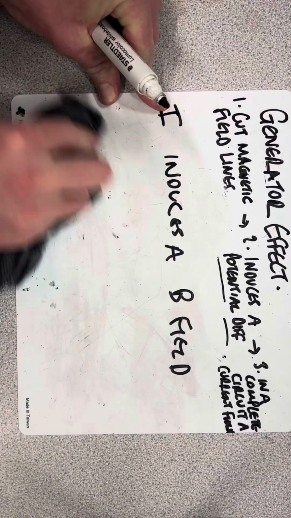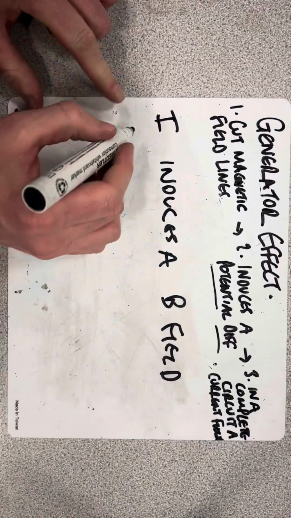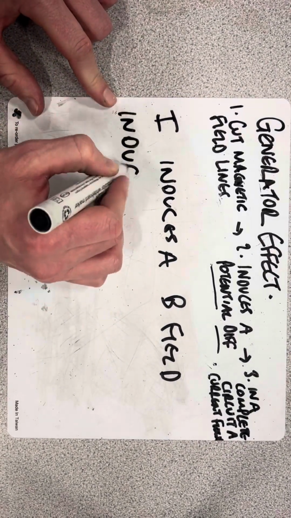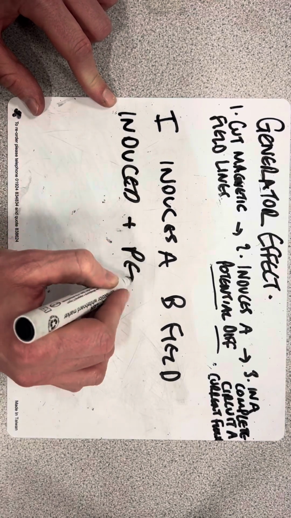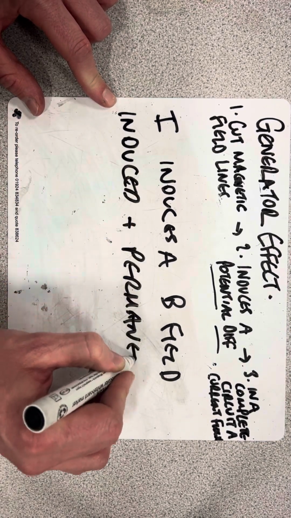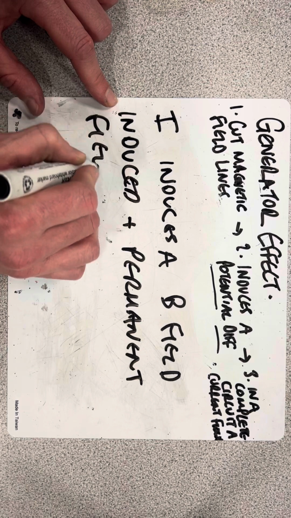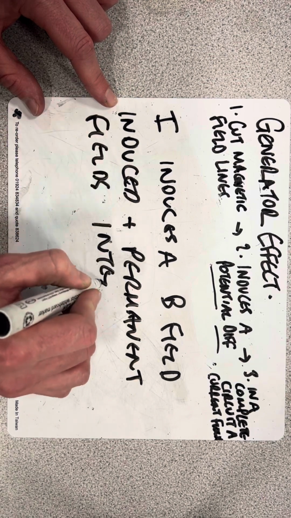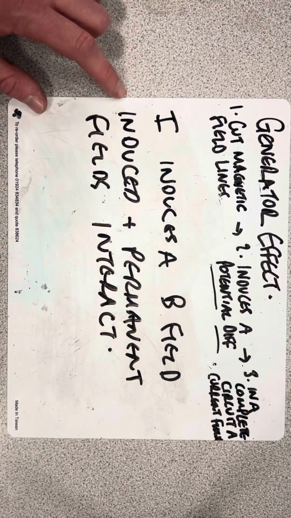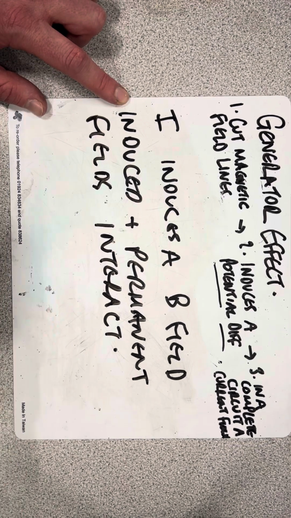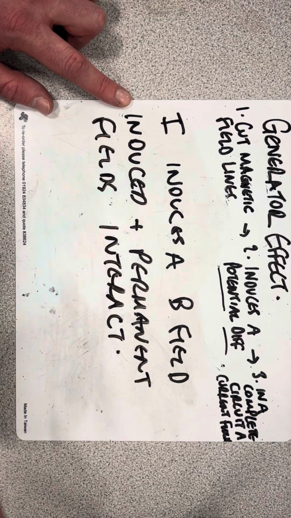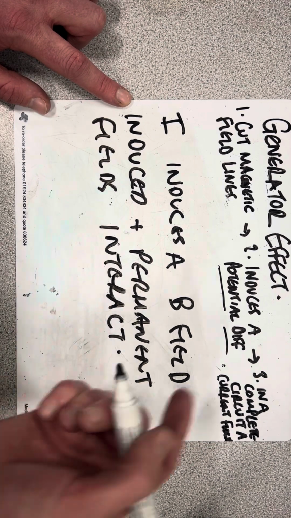So what that means is, the same as the motor effect, the induced and permanent fields interact. Now what that means is there's going to be a force exerted, and the force is always exerted to try to stop the motion of the wire that's causing this.